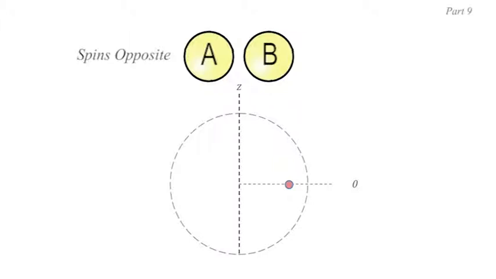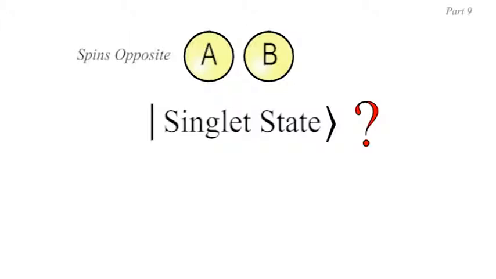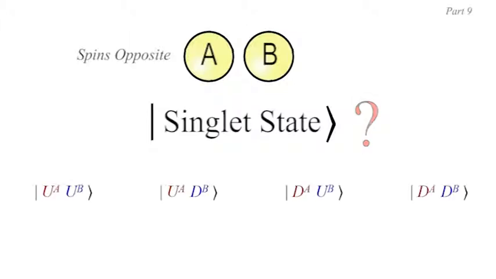The next question to ask is, how can we write down the quantum mechanical state of this two-electron system? What is the state vector? We have our basis states, which we understand to apply to our two electrons A and B when considered together. So how can we combine some of these four things to create a state which will represent this particular entangled state, this singlet state?